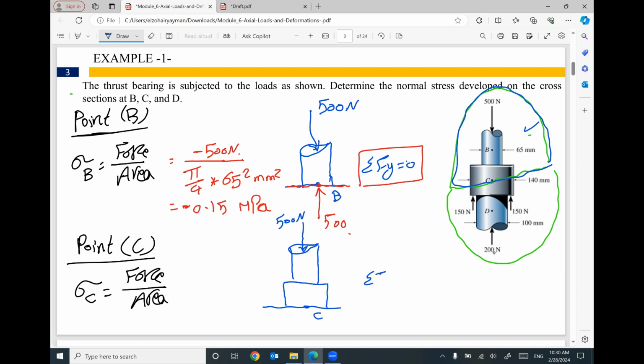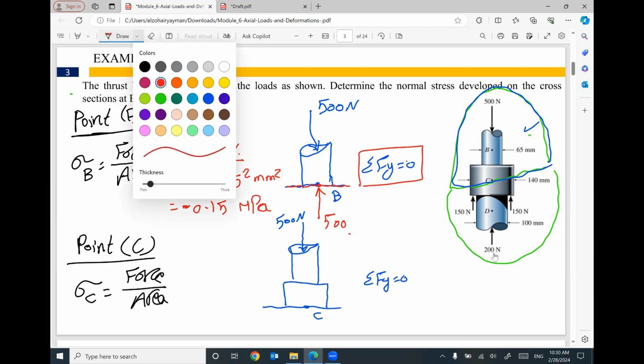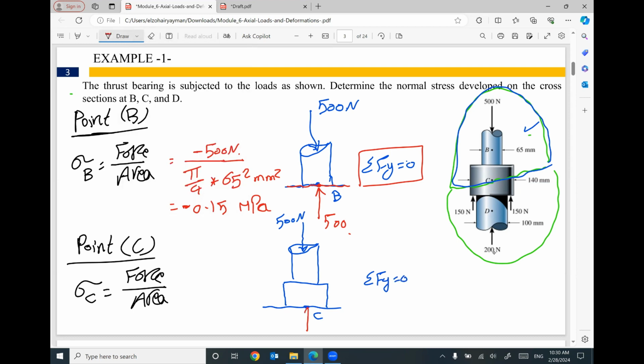So if you apply summation of F_y equals 0 for equilibrium, we must have a force here in this direction to make equilibrium, equal to 500 Newton. This force in this direction, related to this section, is pushing the part at point C. So this force which is pushing means it will cause compression.